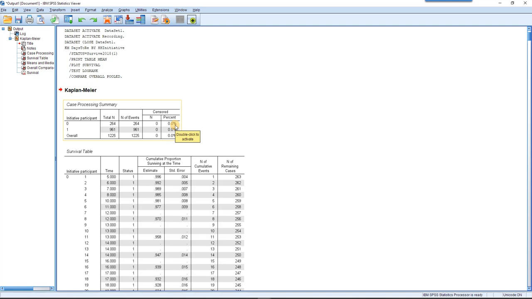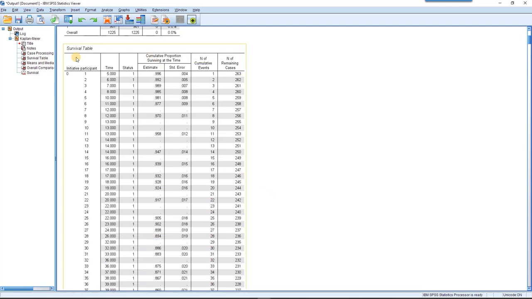The censored percentage is important because we need to make sure to meet one of the assumptions of the Kaplan-Meier test: that we have a similar number of participants or cases in each of the two groups actually being censored. In this situation, because we have already pre-censored the data, none of the cases or initiative participants have been censored. So we see that all of these values are 0.